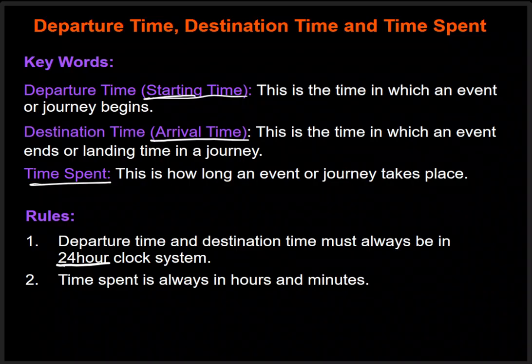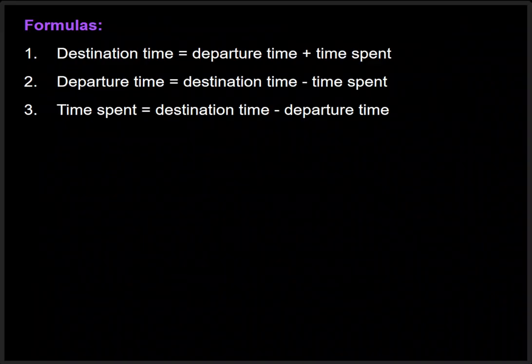All right, so let's see what we have. The formulas. Destination time is equal to departure time plus time spent, and departure time is equal to destination time minus time spent, and then your time spent is equal to destination time minus departure time.